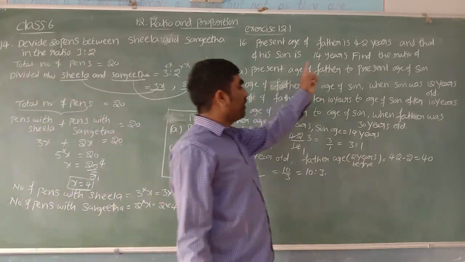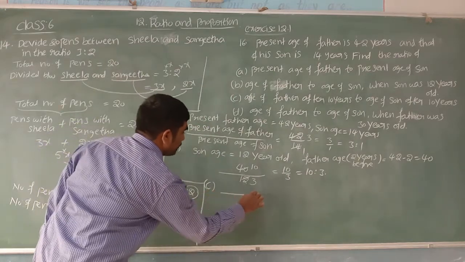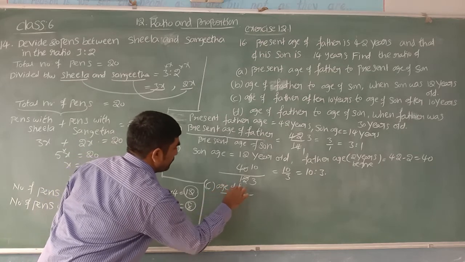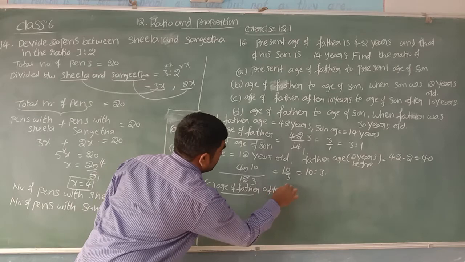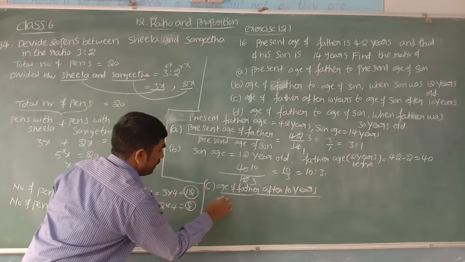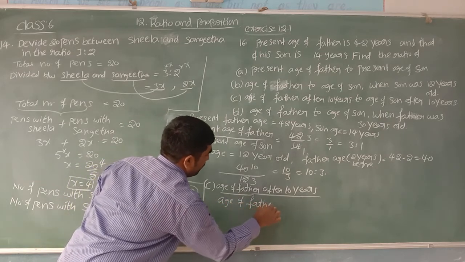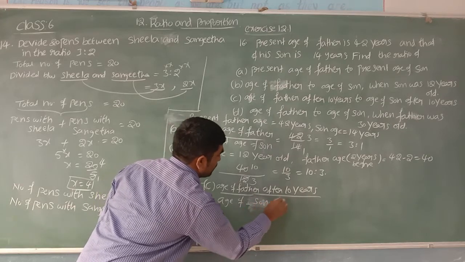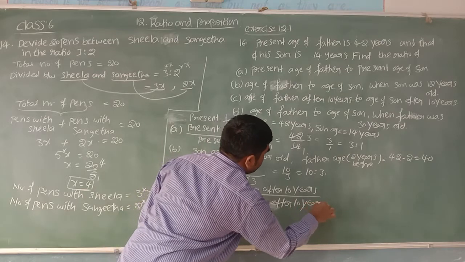Now you can see one more, C bit. Age of father after 10 years to age of son after 10 years. Let me write here age of father after 10 years to age of son after 10 years.